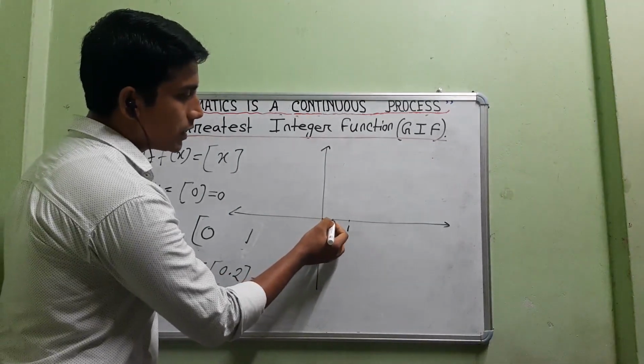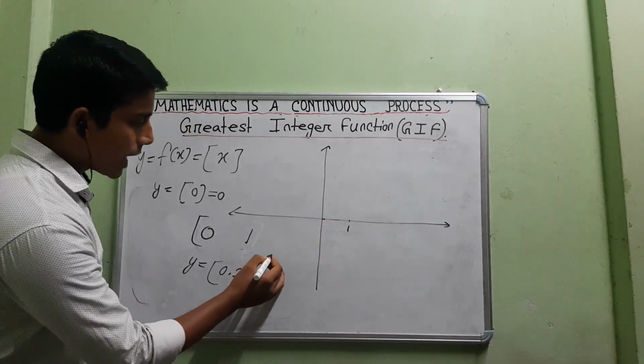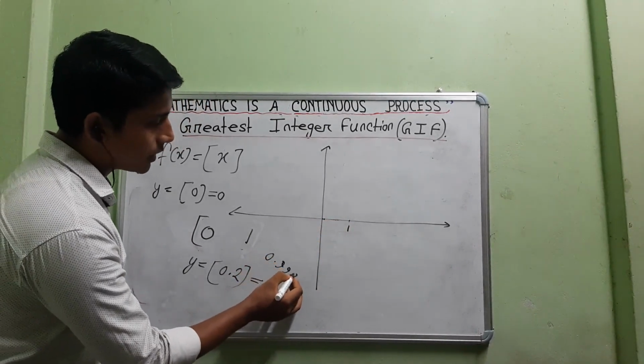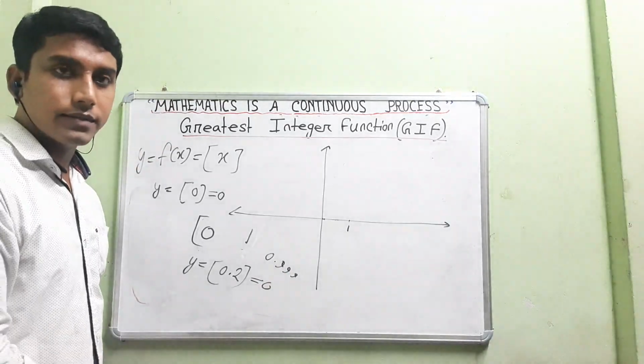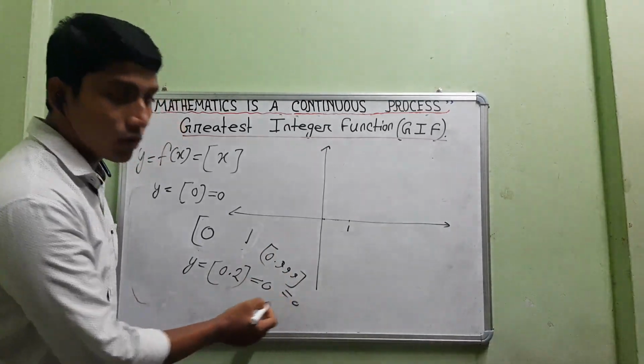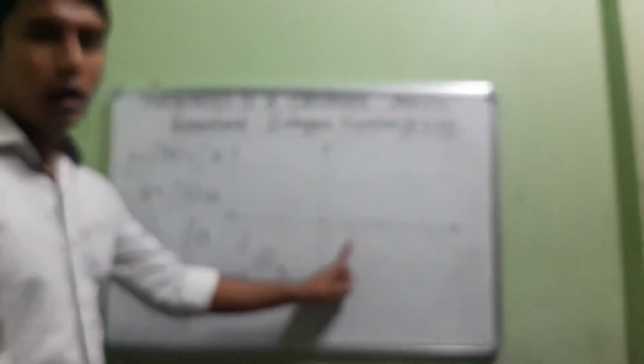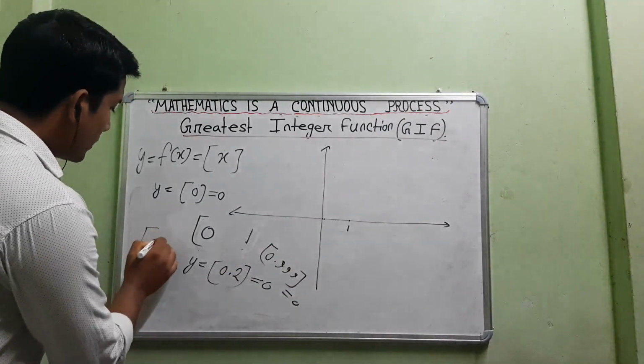Now in this way I am increasing. So before 1, that means suppose I am taking 0.99 something. So box of that one will give you what? This one will be again 0, no? So that means before 1, all the values will be 0 only, because when it takes the value 1, box of 1 will be 1, no?